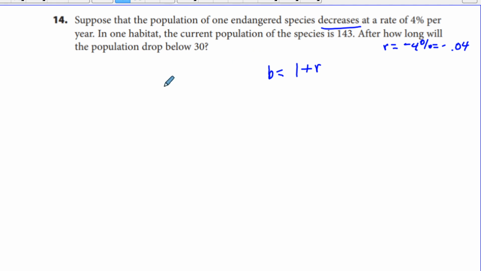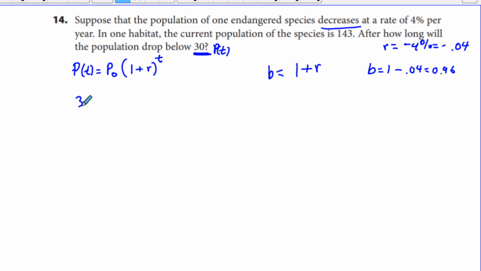So what we have is the basic equation for population that we like to say is P of t is equal to the starting population, P sub 0, times the base, which is defined as 1 plus r, to the power of t. And here we have r is equal to negative 4%, or negative 0.04, so the base is going to be 1 plus negative 0.04, or 0.96.